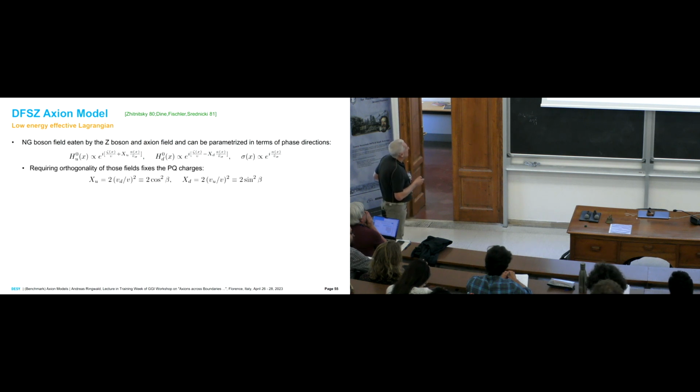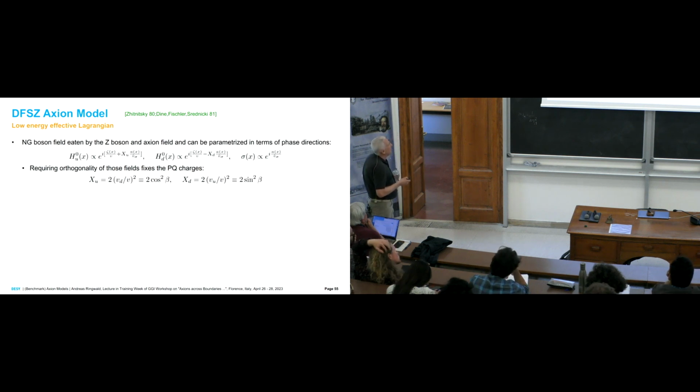Requiring now an orthogonality of psi and A, which one needs to integrate out, so to say, the Z boson, fixes then the Peccei-Quinn charges.